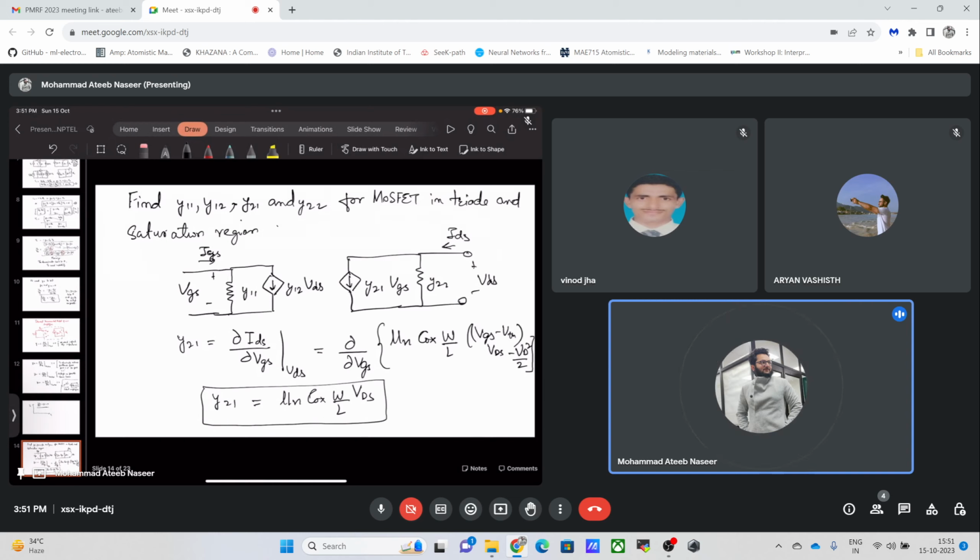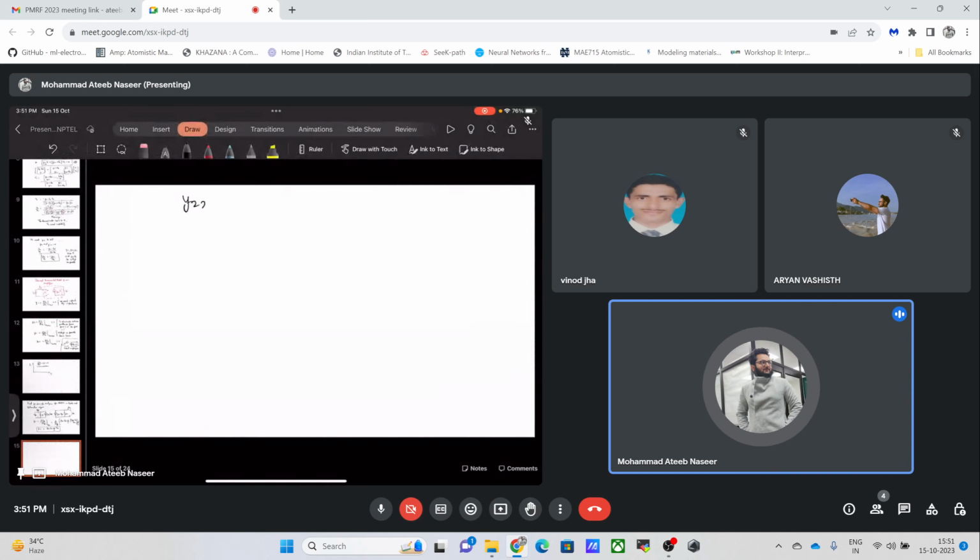What about this Y22? We wanted this Y22 to be equal to 0. This Y22 is simply di2 by dv2, or simply dIDS by dVDS.